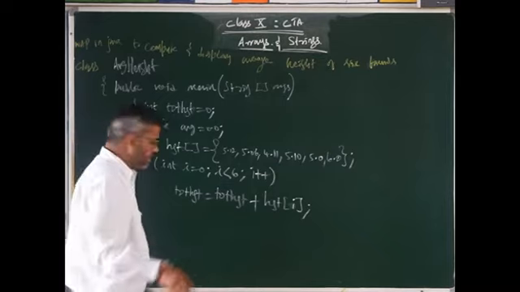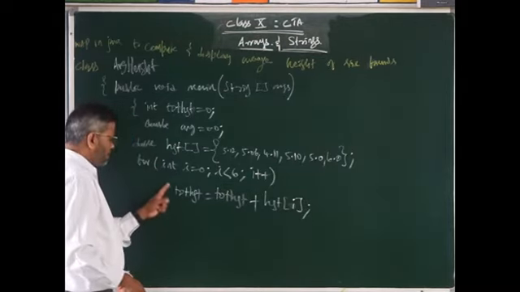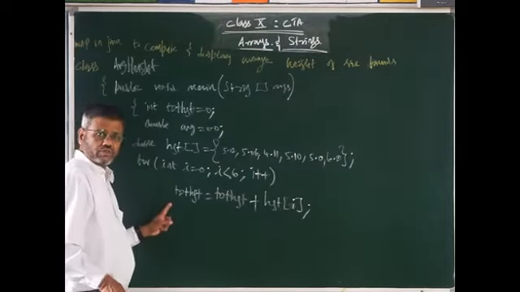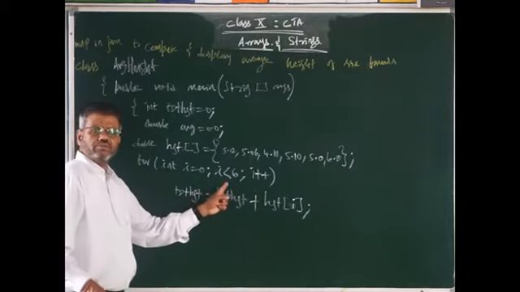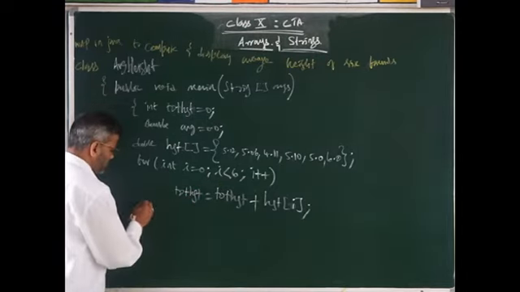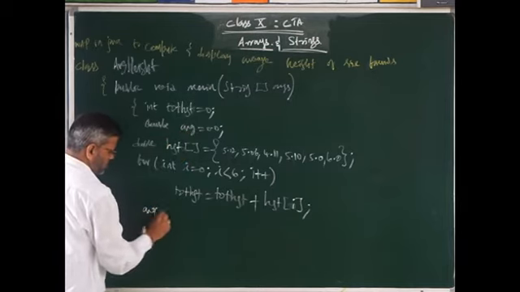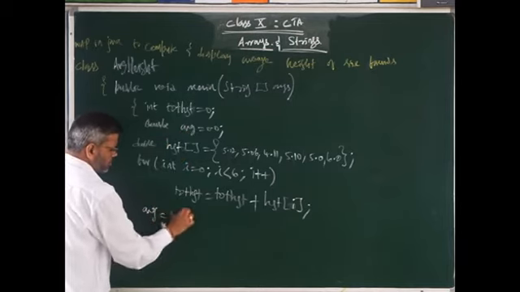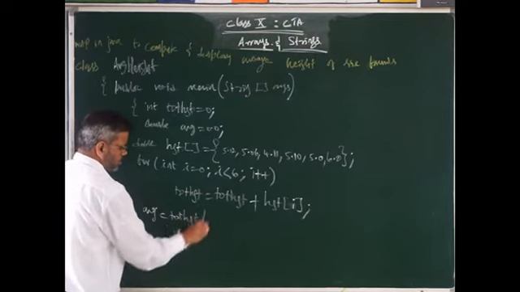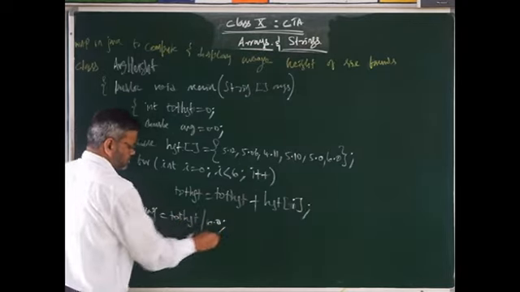I am not giving anything. If I do not give open and close braces, only one statement will run how many times? 6 times. Afterwards, what is the average variable? AVG is equal to total height divided by 6.0.